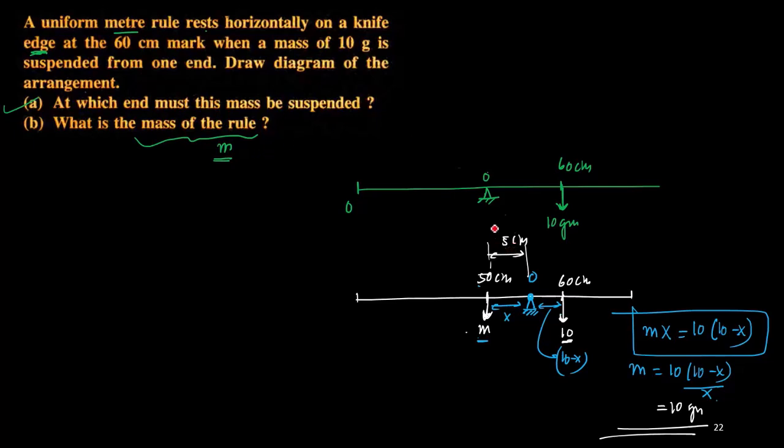If I make it not 5, but 6 or 7 or any other number, then the mass will be different. So the mass of the rule depends on the position where I am placing the knife edge. If the knife edge is exactly placed at the midpoint between the 50 and 60 centimeter mark, then the mass of the rule is nothing but the mass of the weight that has been suspended.